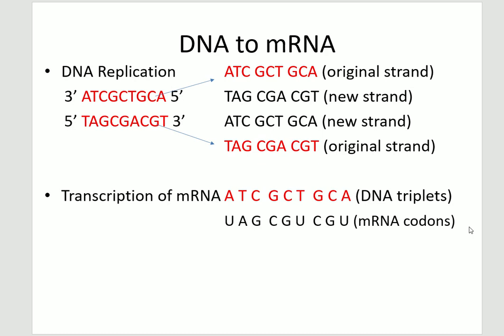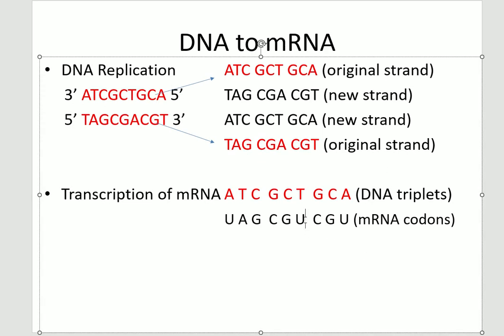Oh, that should be an A. Oh, look at that. There we go. CGA, CGU. So UAG, CGA, CGU. We got rid of the T's with mRNA. All right, so the mRNA is the UAG, CGA, CGU.